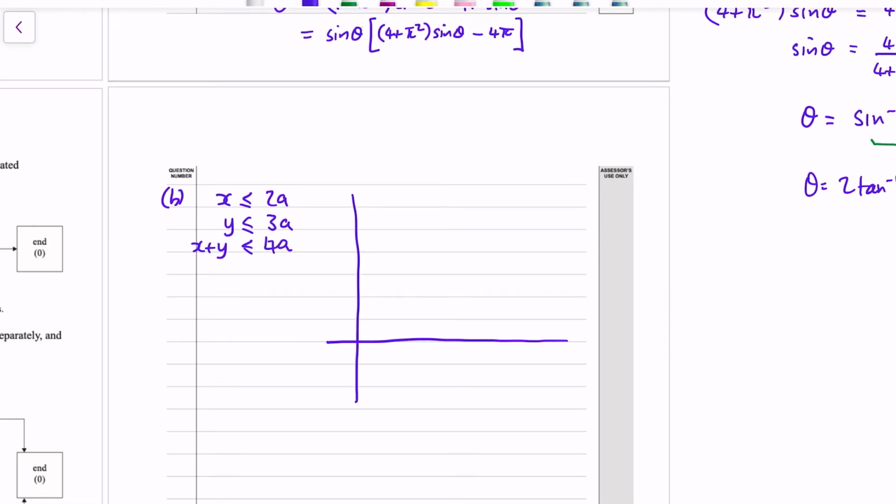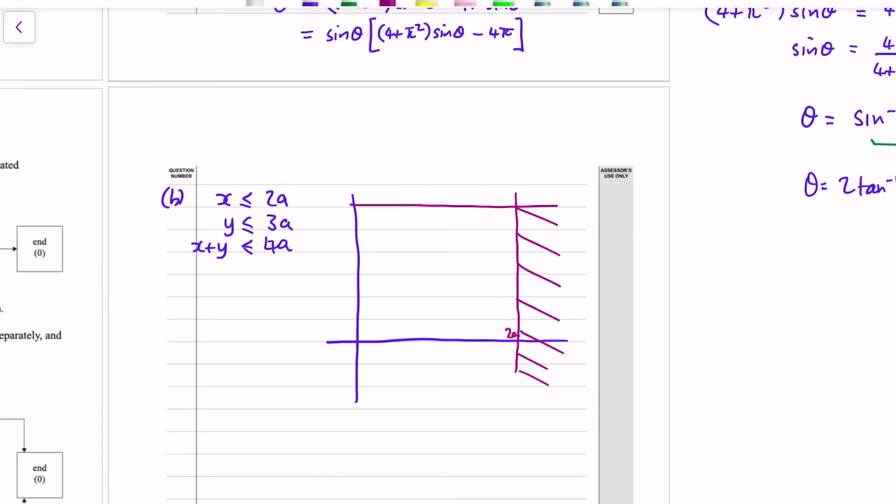We're told a is a positive constant, so x is less than or equal to 2a. I don't know, let's just make a 5 for the benefits of this diagram. So we've got, it'll be x is less than or equal to 10, so we shade out that way, and then it'll be y is less than or equal to 15. Let's just move it to 2a.